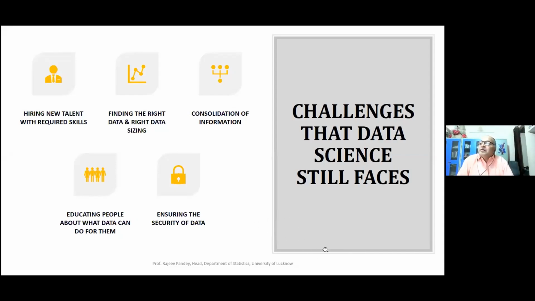Most analytics leaders believe it is one of the biggest challenges to educate people about what data can do for them.